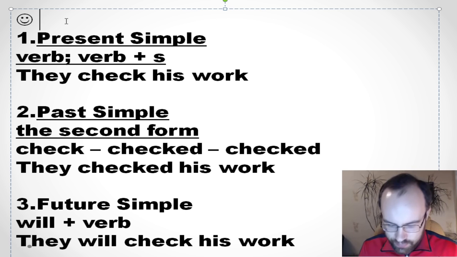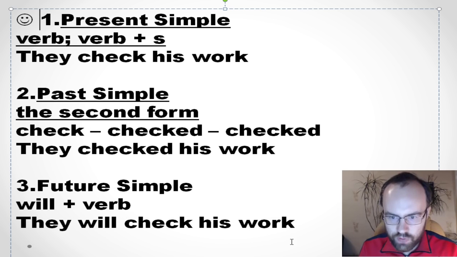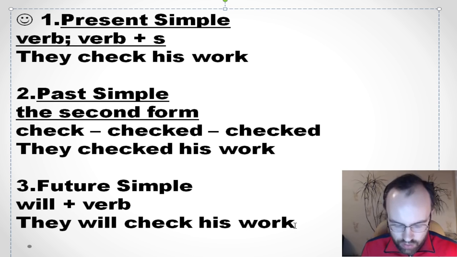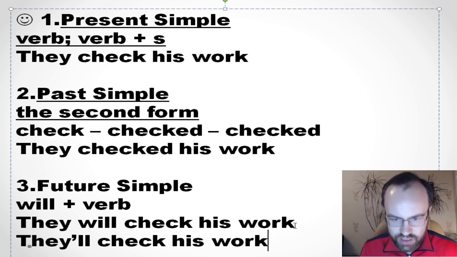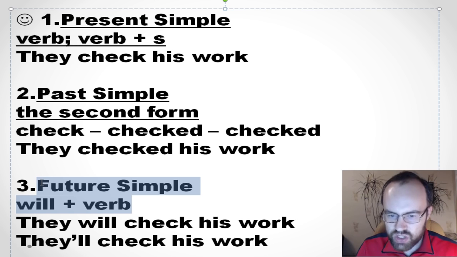Normally we use a short form instead of a long form, so you say they'll check his work, and it's a very good idea to say it this way. It sounds very natural. So they'll check his work. Okay, well done. Next.